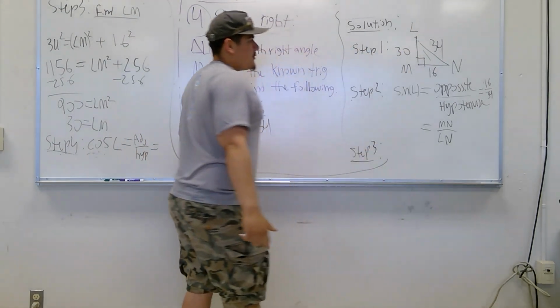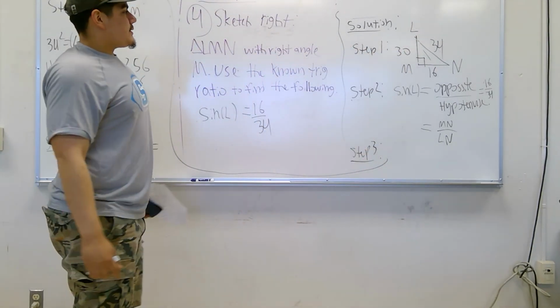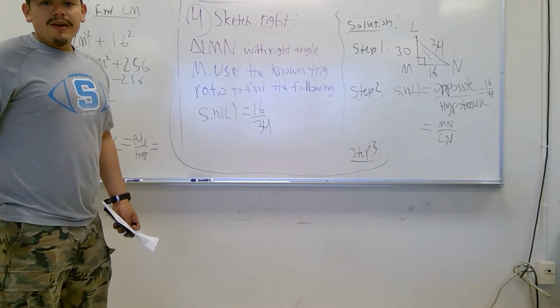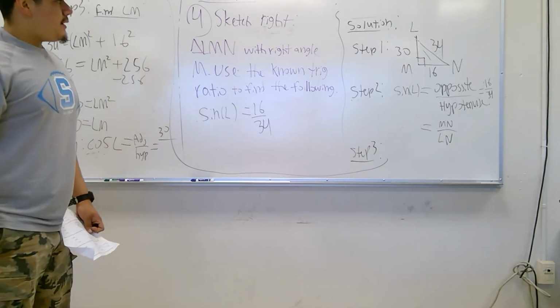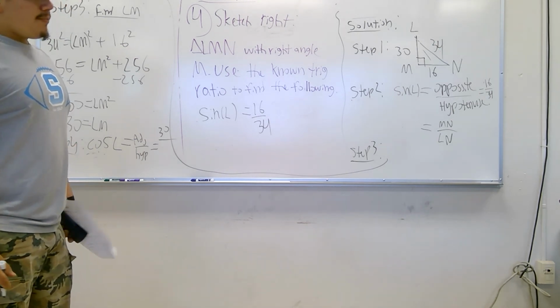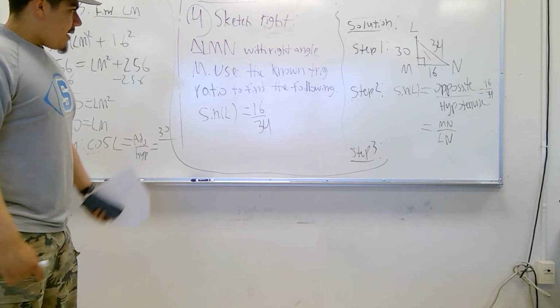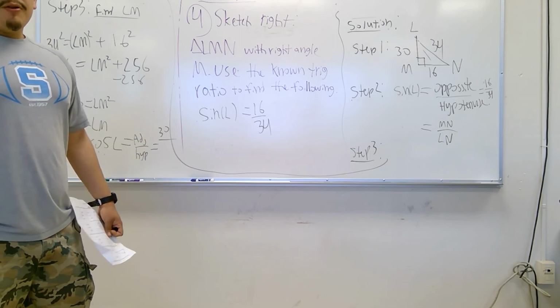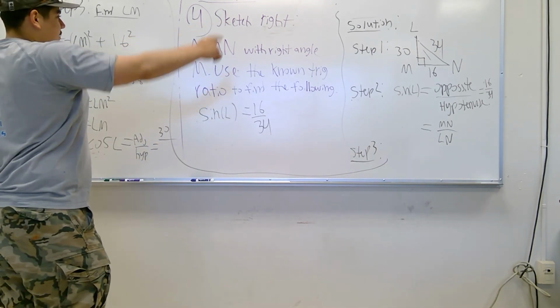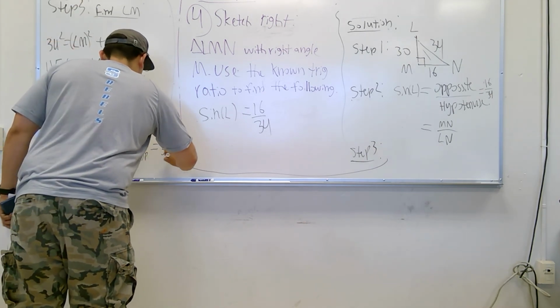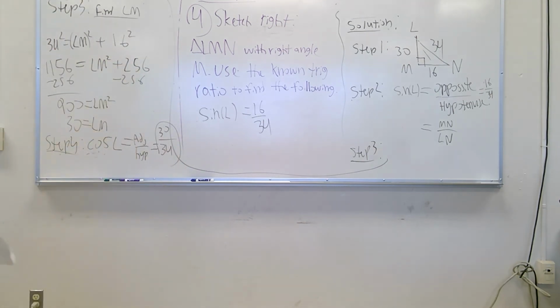The adjacent side to L is LM, and LM is 30, so you put 30. And the hypotenuse, the bigger side, or the side opposite the right angle, is 34. Voila.